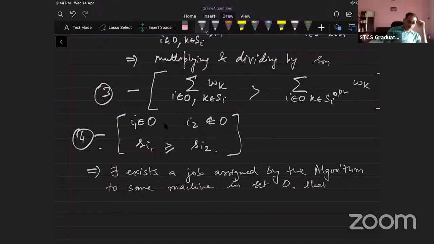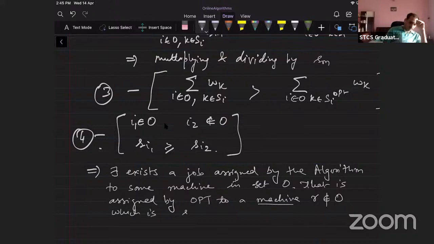that is assigned by OPT to a machine, let's say R, which doesn't belong to O, and in particular which is slower than any machine of set O. See, this is important because remember our algorithm chooses among all assignable machines the one which is the slowest.